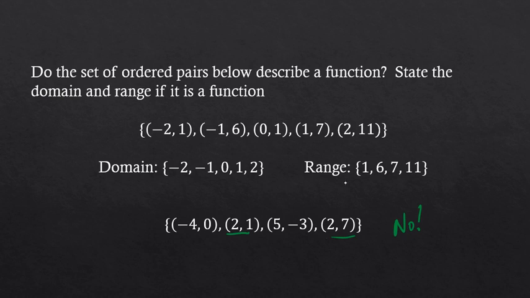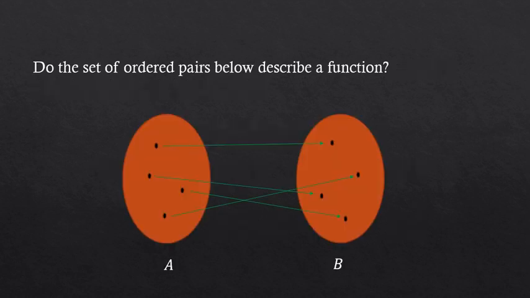And we can just say no. The next way we're going to determine if we have a set of ordered pairs is by looking at a map.